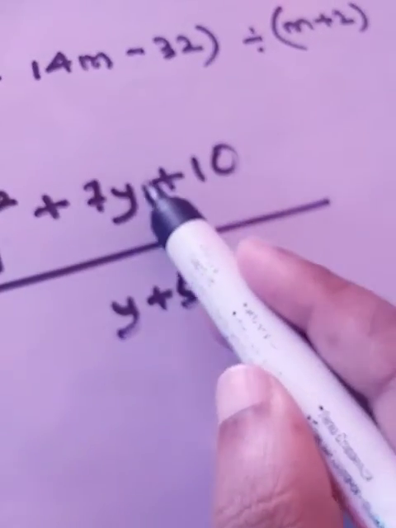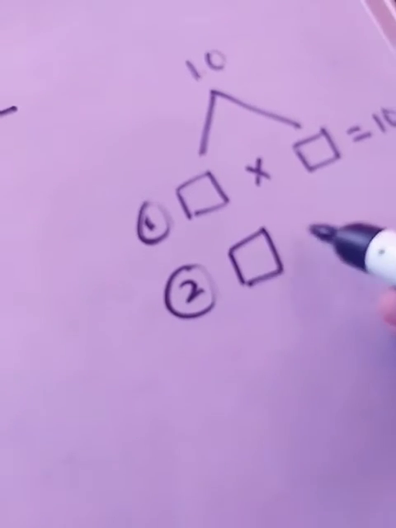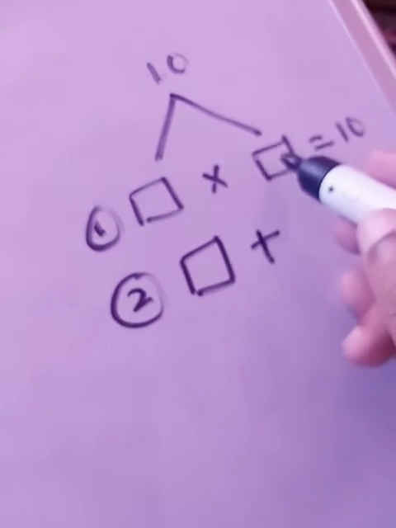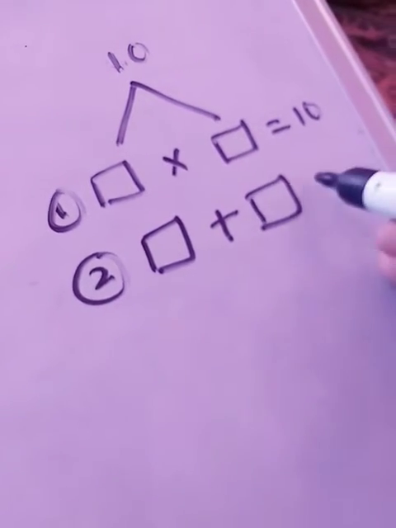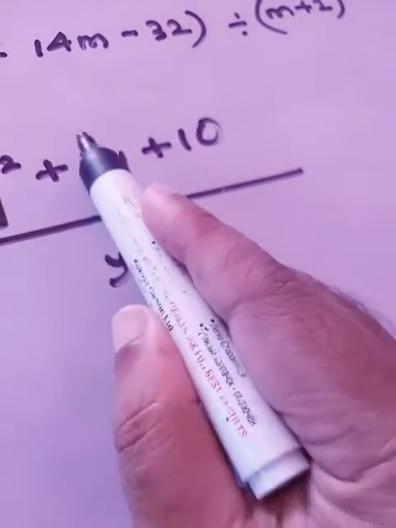And for the second condition, you have to look at this sign. The numbers you choose for the first condition should also satisfy this part, that is, the sum of those two numbers should be equal to 7.